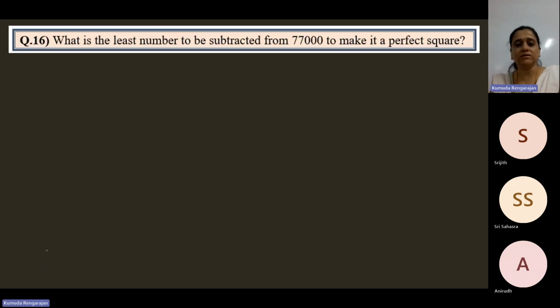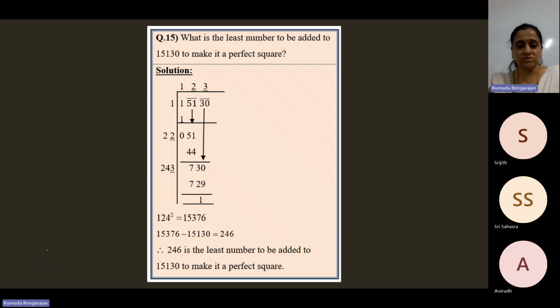In the earlier sum, when you add using the addition method, you're increasing the value, right? So then the square root of the new number will be 124.